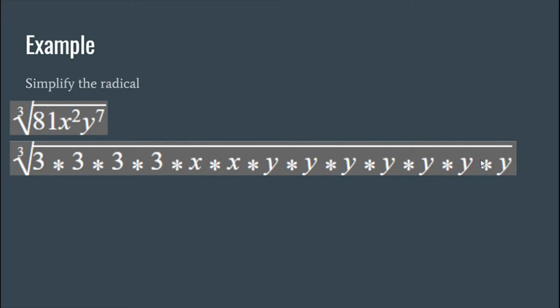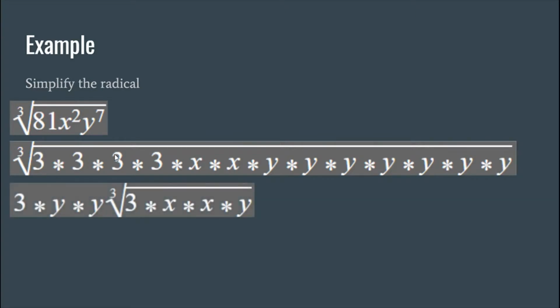Now this index tells you you need 3 of a kind in order to be able to pull one thing out. So here I have 3 3s, so I can take out 1 3, but I don't have enough 3s to pull out this other 3 because I only got 1 left, so that stays under the radical symbol.